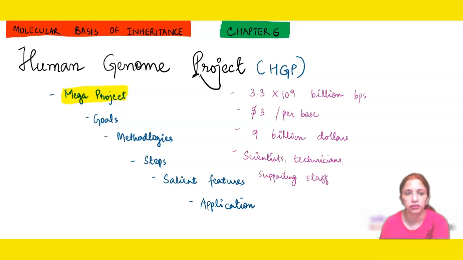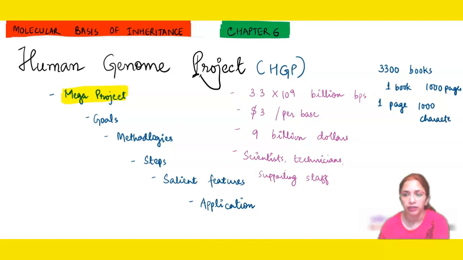Another important thing is that people were expecting that Human Genome Project would require 3,300 books to compile the data. In one book, there will be 1,000 pages, and on one page, there will be 1,000 characters.